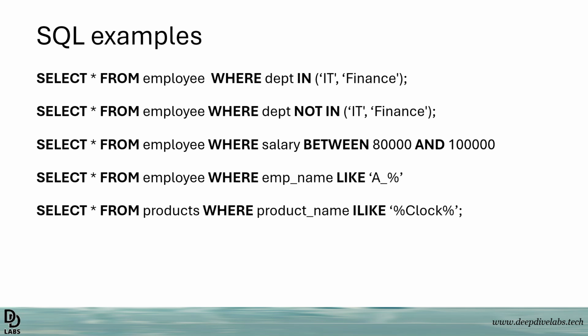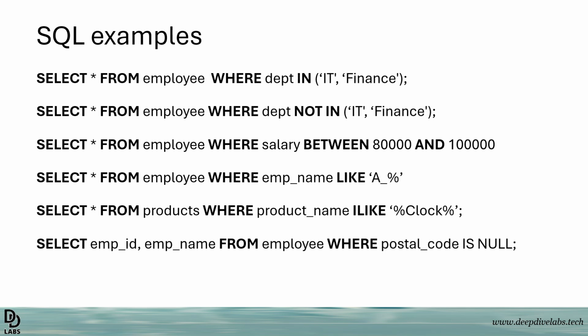In the next query, if you have a products table, you select star from products where product name I like clock, which has a percentage on both sides in the string matching, right? Which means your product name should contain the word clock, and it need not have clock with a capital C. It can be with a capital C, can be with capital L. So the case is not looked at, but the order of the word clock is looked at, right? And it retrieves all the columns. So here we are looking at all the columns in the product table, all right?